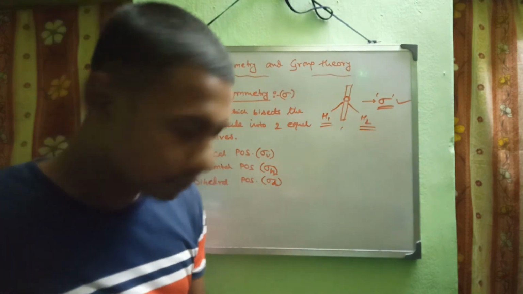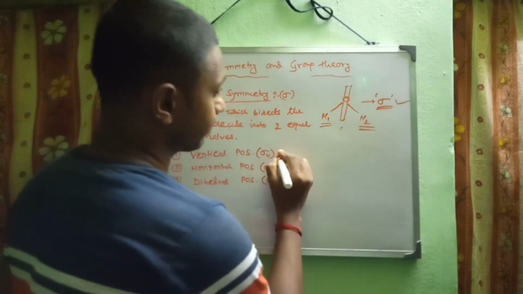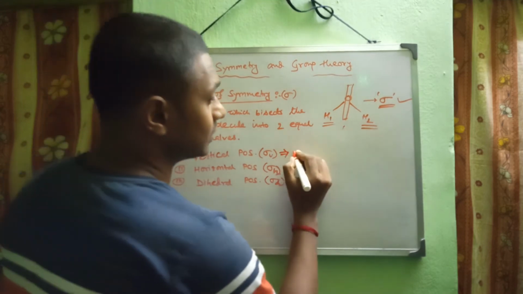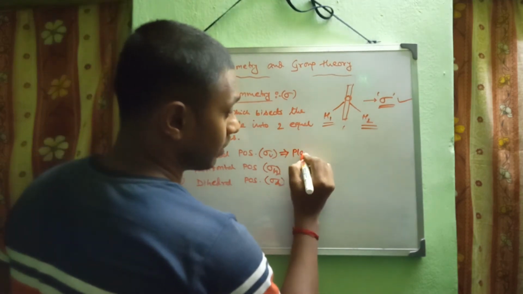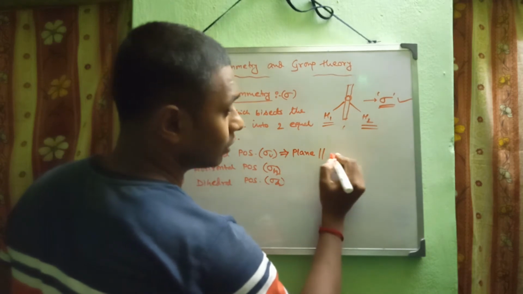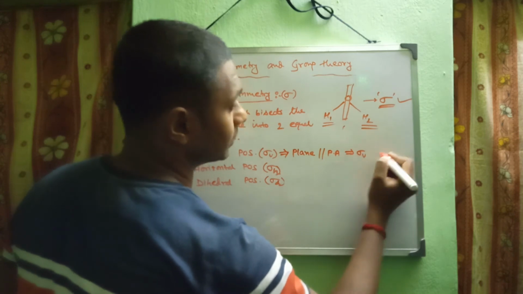Now what is vertical plane of symmetry? When the plane contains the principal axis of symmetry, that is the plane is parallel to the principal axis of symmetry, then it is called sigma V.